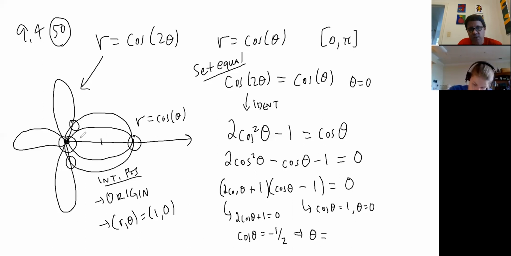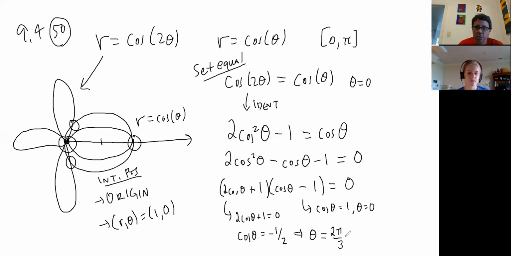Cosine is negative in the second and third quadrants. Since I'm only looking in 0 to π, that's only the second quadrant. There, θ is 2π/3. So at 120 degrees, cosine is equal to −1/2.